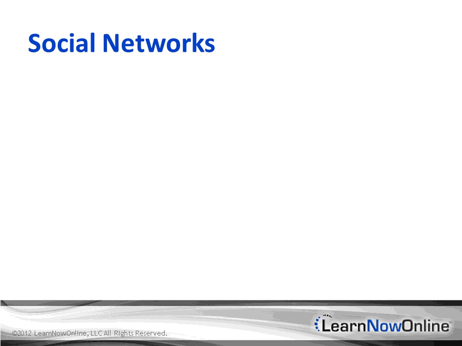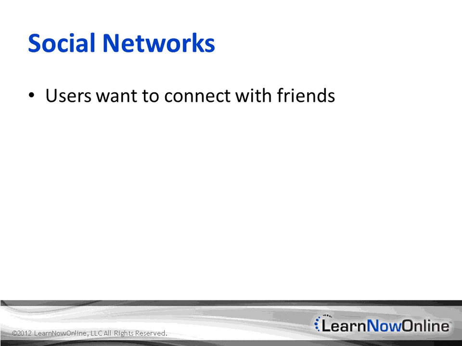So let's talk for a minute just about social networks and what's happening there. Basically, social networks are mechanisms for regular people to connect and communicate with their friends. There are various social networks out there.